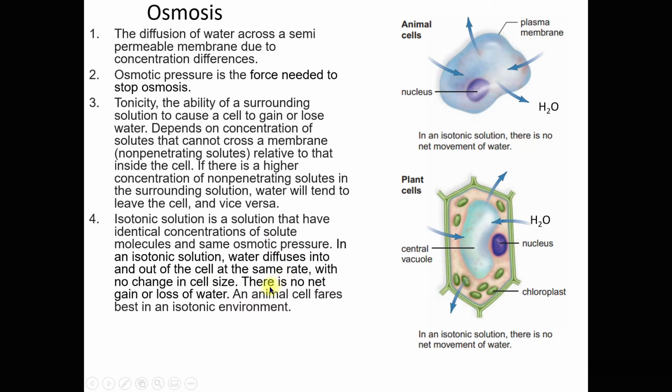So there is no net movement of water, or no net gain or loss of water. Again, in the previous video, I spoke about this. No net movement of water doesn't mean that there is no movement of water molecules.